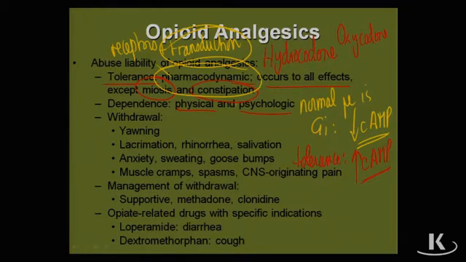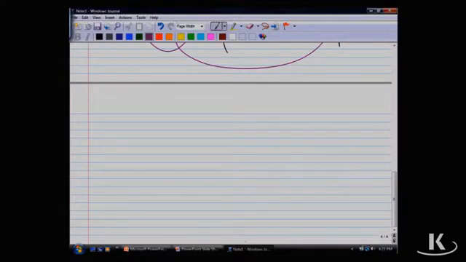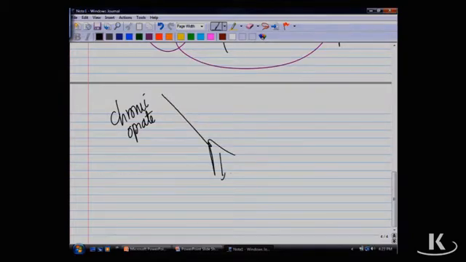The withdrawal is quite classic once again. Let's imagine this. What was one big neurotransmitter that had been suppressed chronically? Let me go back to another white sheet here. You remember that the chronic opiate actually worked in part at decreasing norepinephrine synthesis and release.